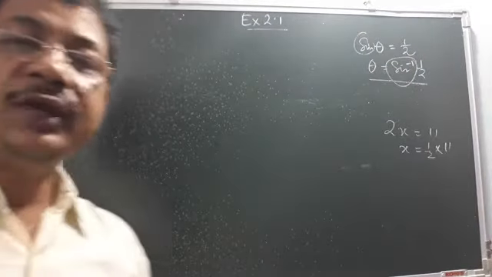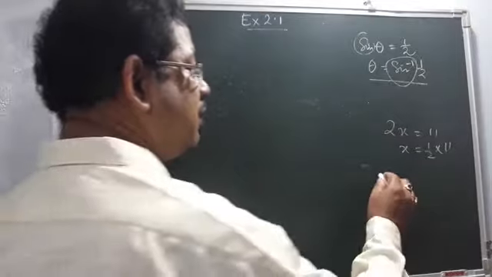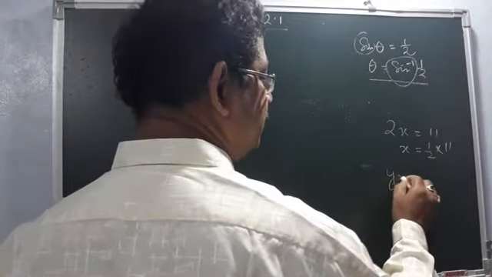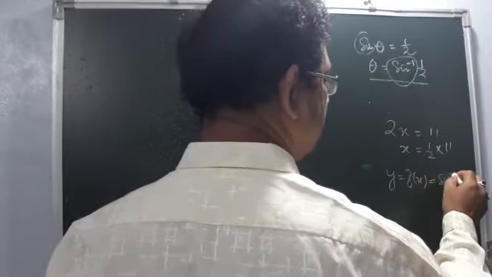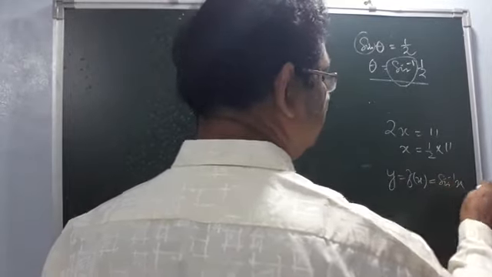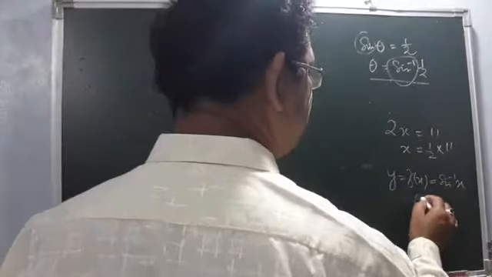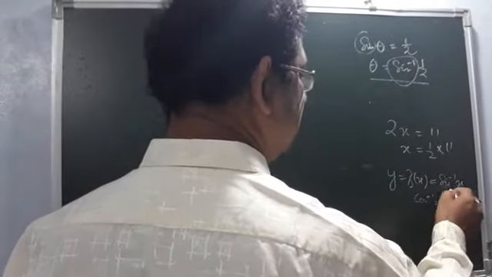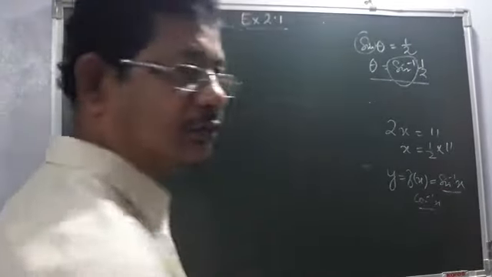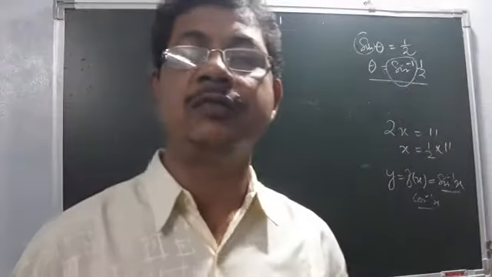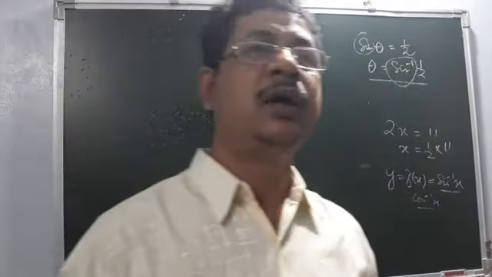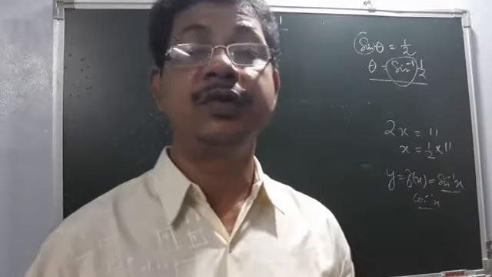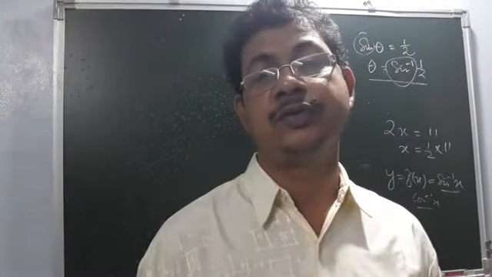Then as it is called a function, suppose y is equal to f(x), and f(x) is, suppose, sine inverse of any function, or maybe cos inverse of this, or tan inverse, or maybe a mixture like sine inverse x plus cos inverse x.